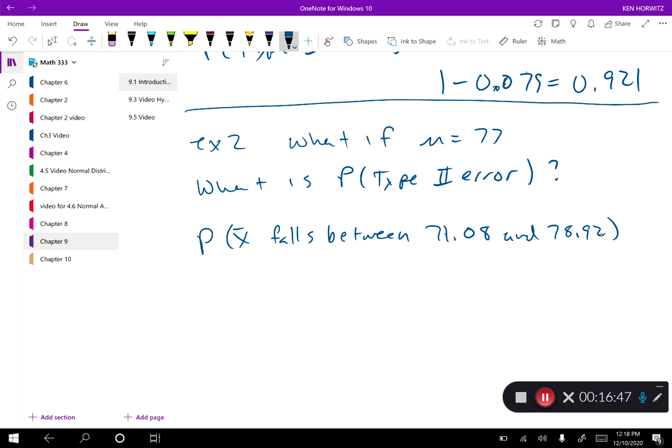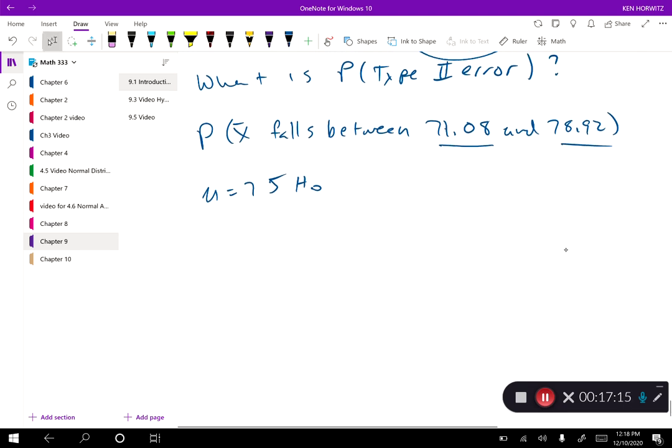And a type 2 error means we do not reject when mu is false, right? So we think mu equals 75. That's our H0 still, right? But now we know that that's false. So we need to find an x bar in between 71.08 and 78.92.